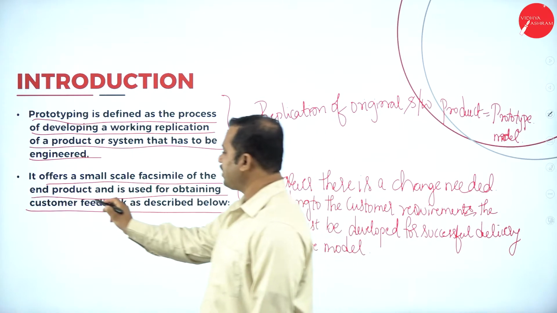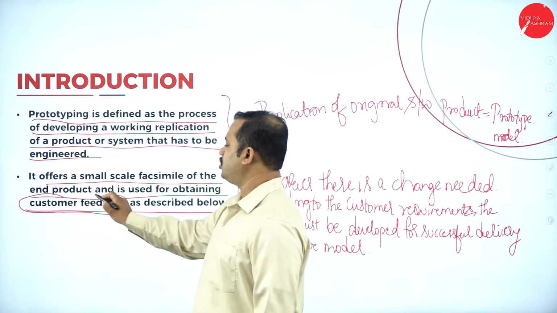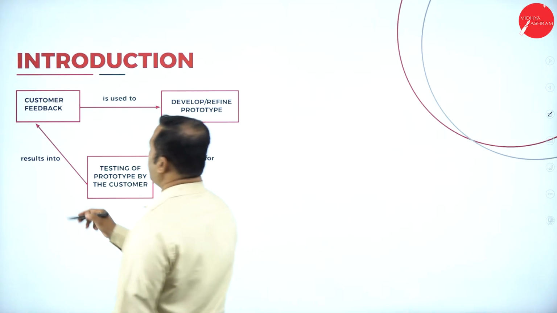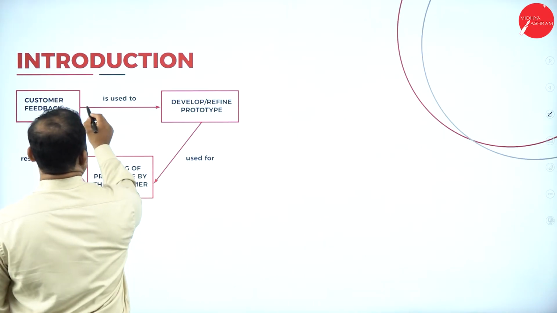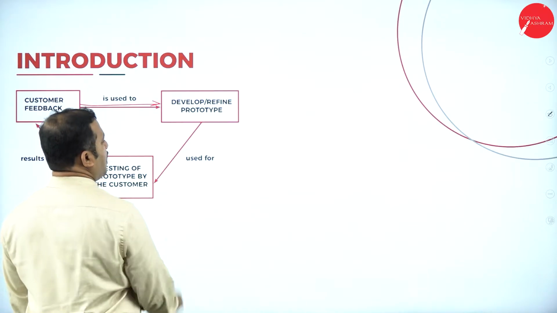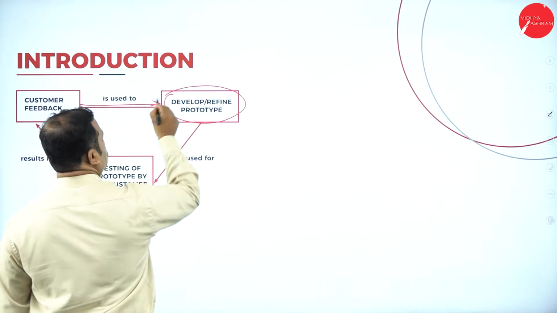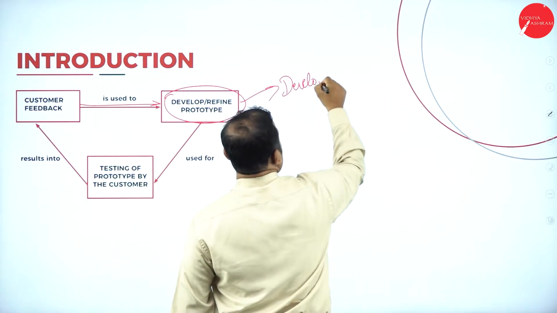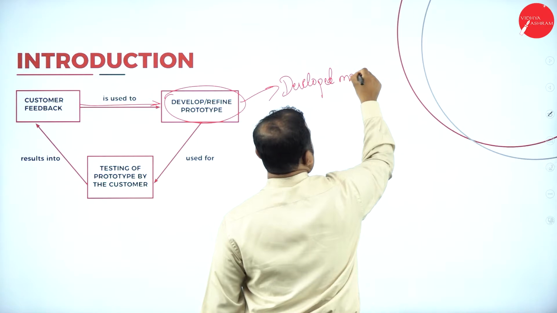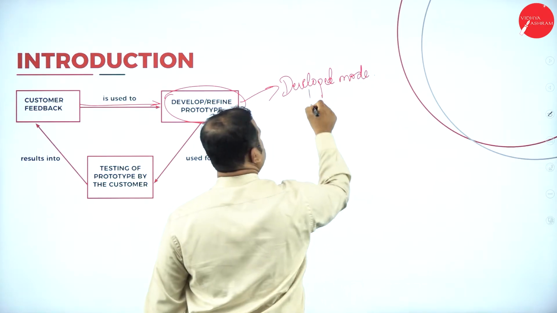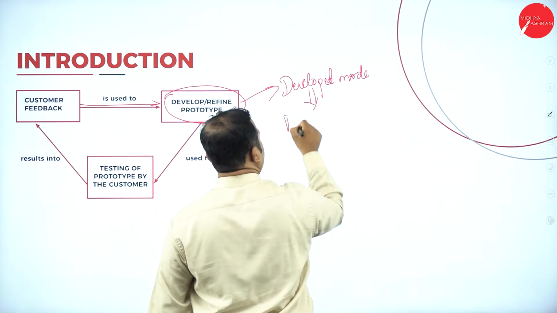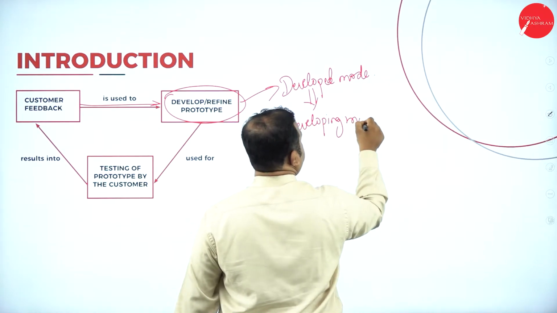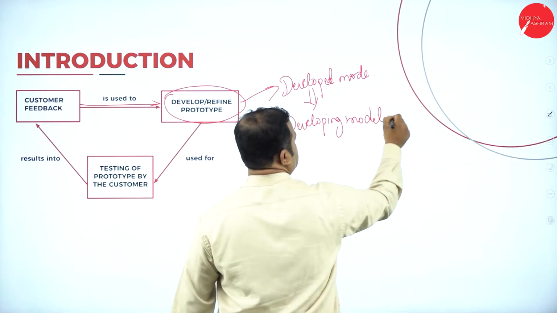So this feedback is called the requirements or the modifications that are required by the customer. It can be described as the customer coming to the development team and asking for the developing model, which is not yet finalized.